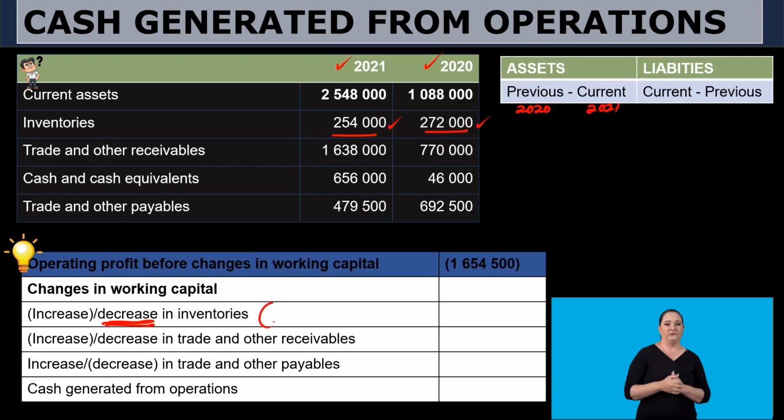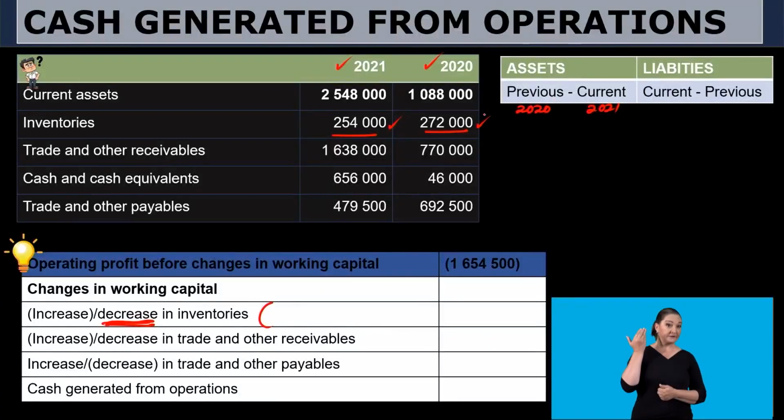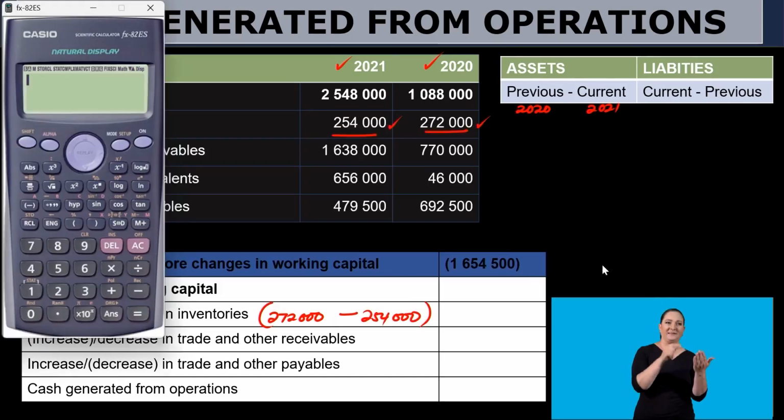And then I'm going to show you the method that I was talking about. You may call it the calculator method, whereby you say previous, which is 2020, 272,000, minus your current year, 2021, 254,000. You close bracket.